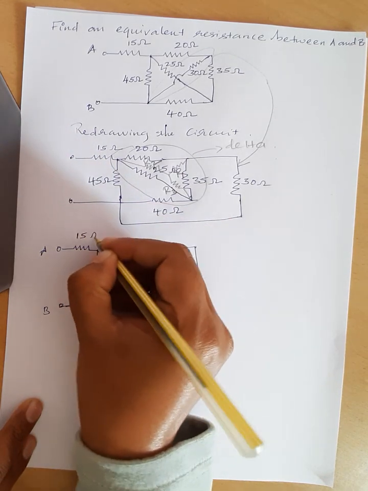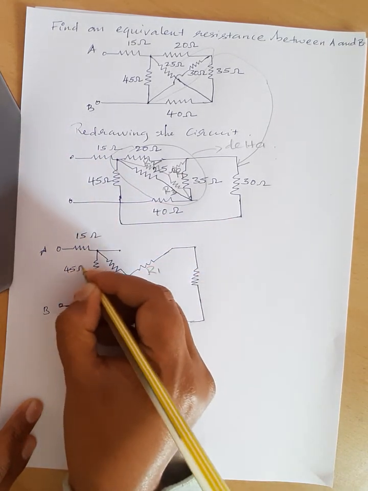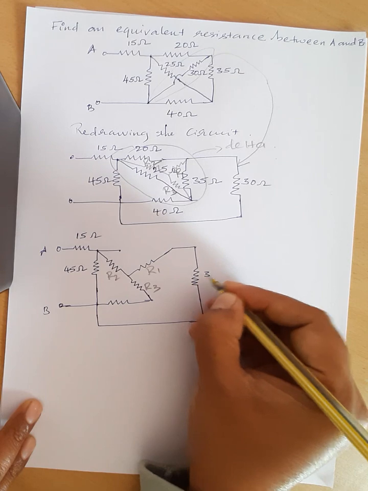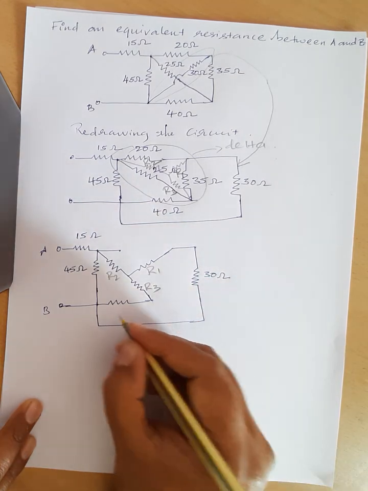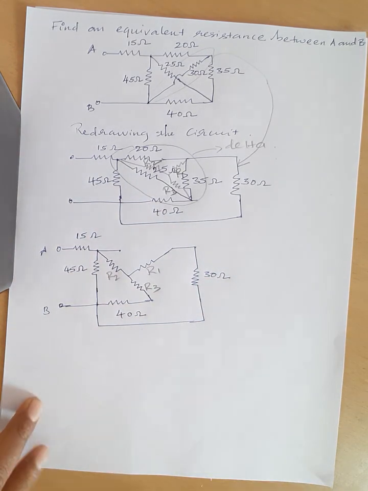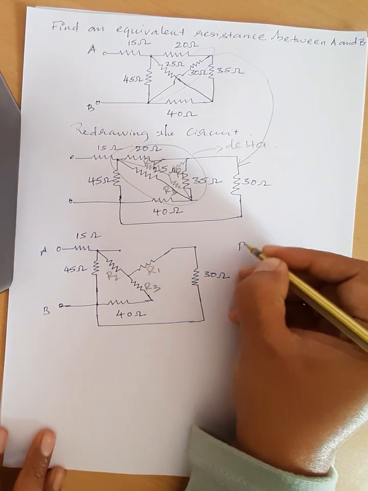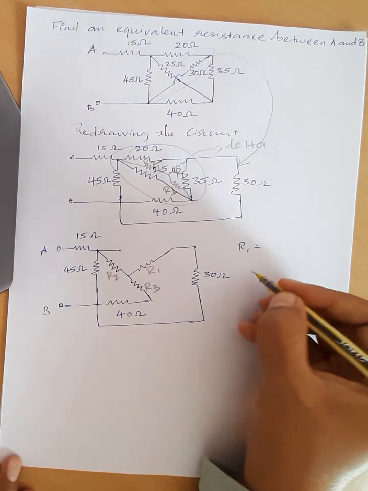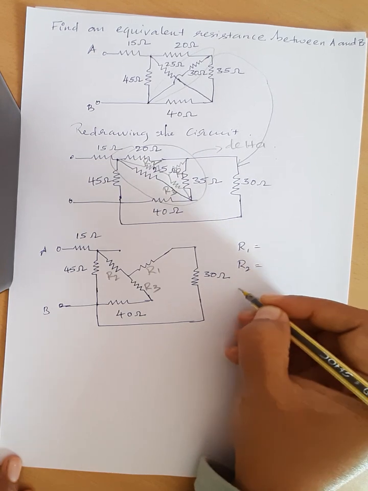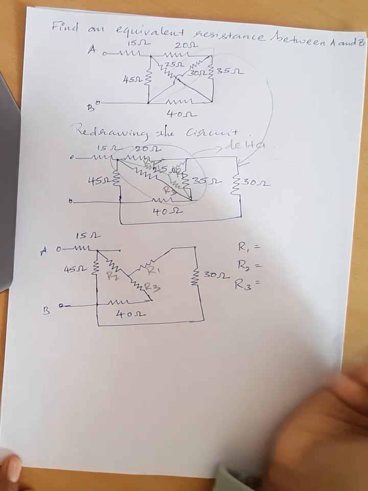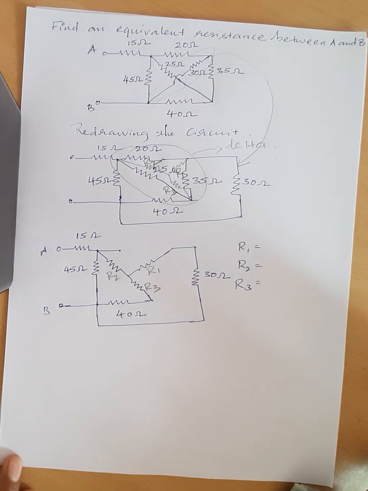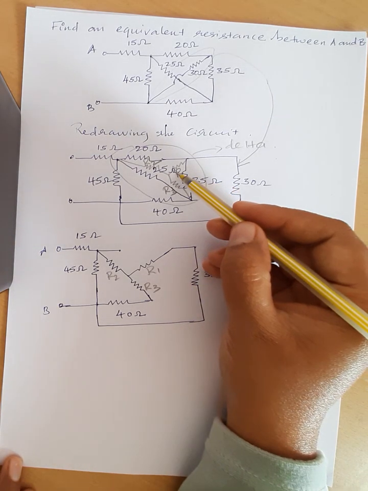This is 15 ohms, 45 ohms, 30 ohms and 40 ohms. Now find out the values of R1, R2 and R3 by using delta to star transformation.